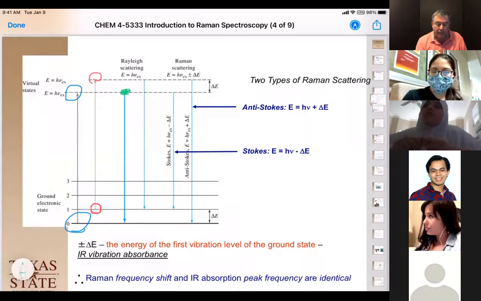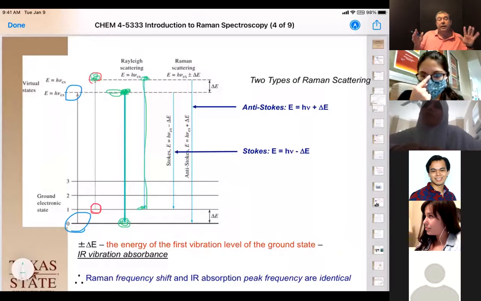If the emission goes from that first excited state back to that same ground state, we have no change in frequency, and we have that elastic Rayleigh scattering. The same thing would happen with your second excited one. If it goes back down to the exact same state, we again have no change in energy, and therefore it is Rayleigh scattering.